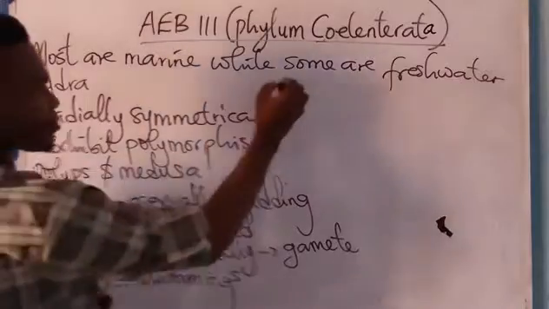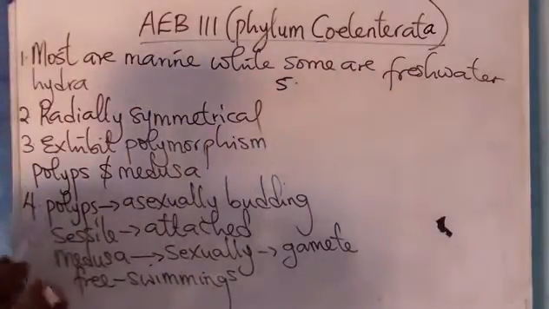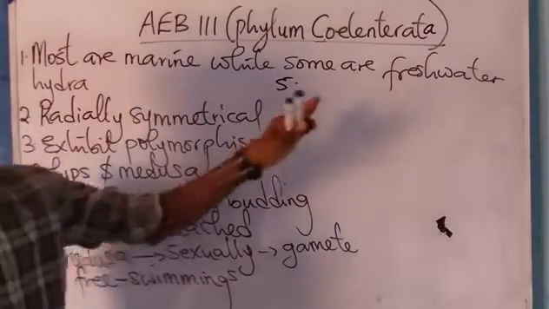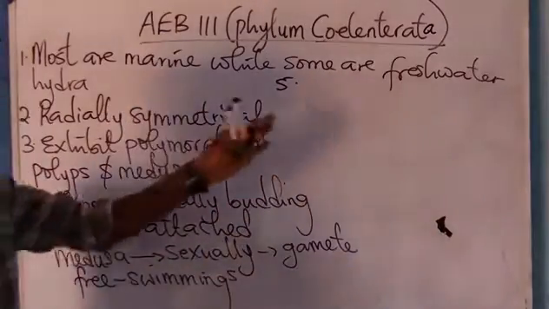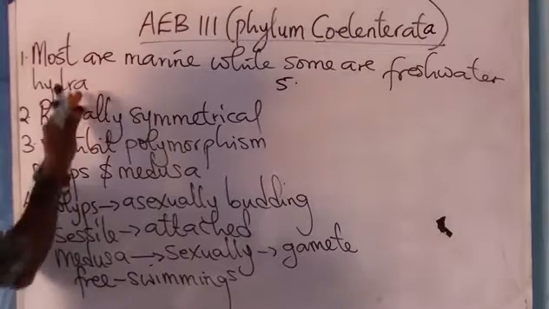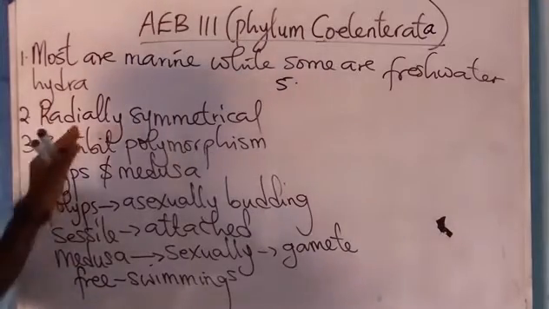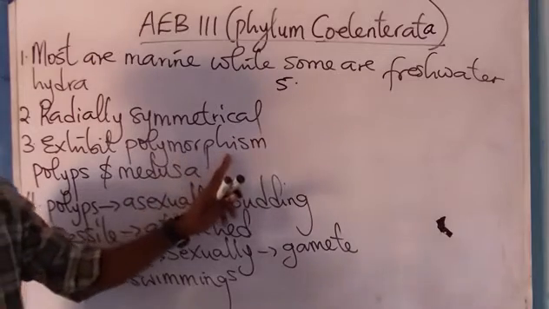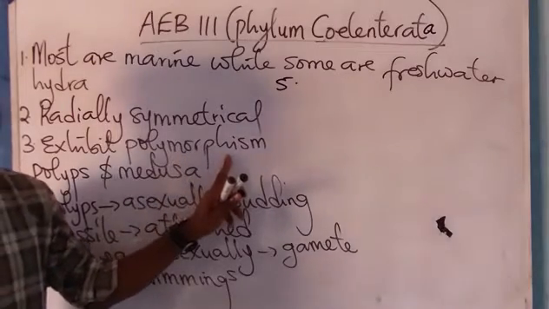Number five. I said most of them are found in marine habitat, while some are found in freshwater habitat. A good example is the hydra. They are radially symmetrical. They exhibit polymorphism, the ability for them to exist in different forms.